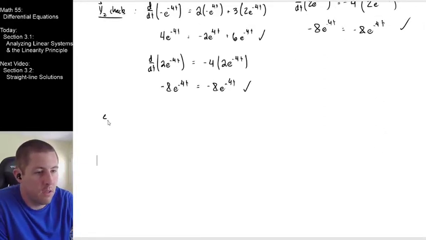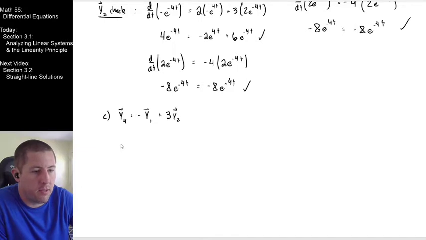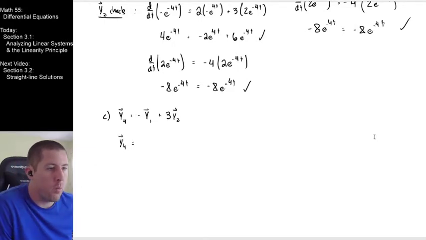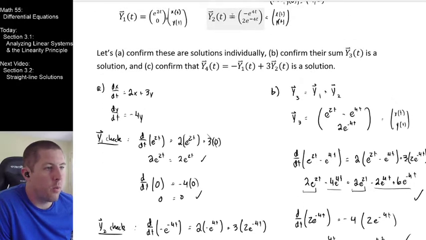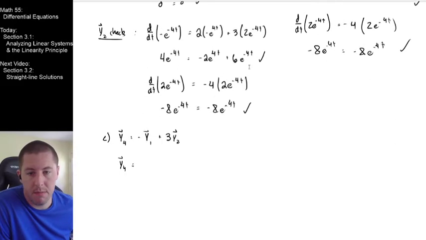So for C, we're saying that y4 is negative y1 plus 3y2. And that's really going to be for us, y4 is going to be, y1 was the negative e, that is going to get negated, right? So we're taking the negative of y1, so I'm going to get negative e to the 2t.